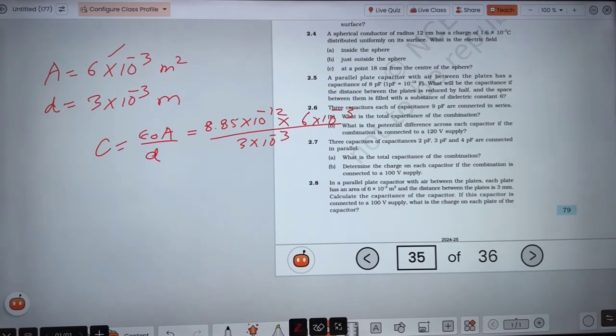You can cancel these 3 and 2 etc. and then write.